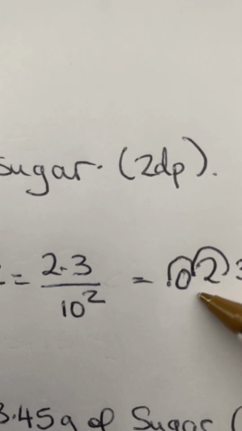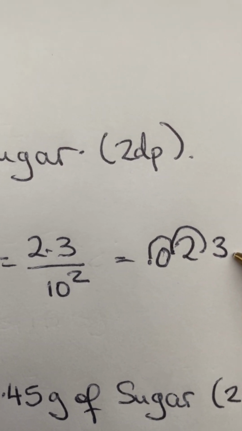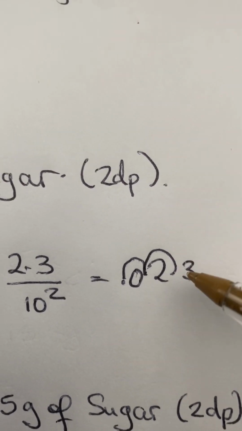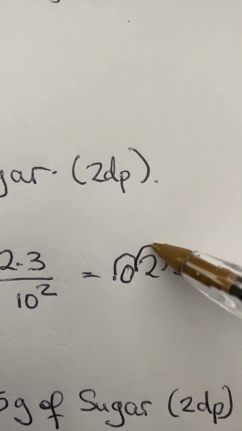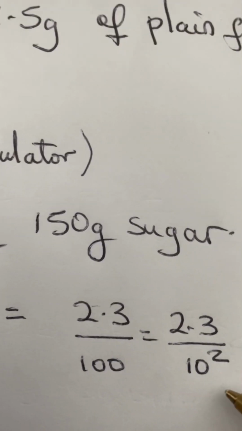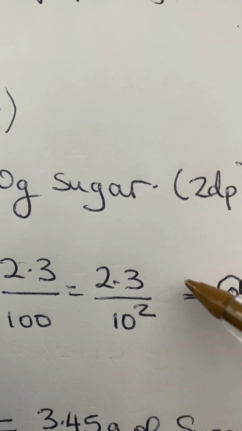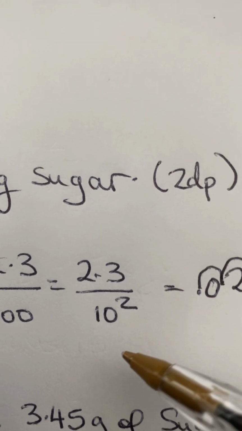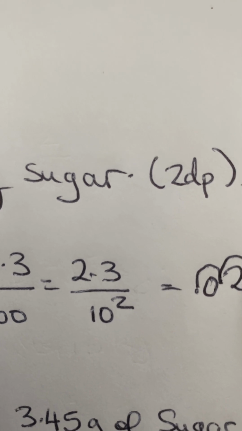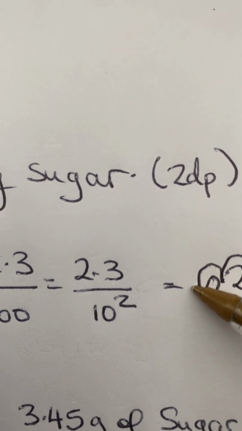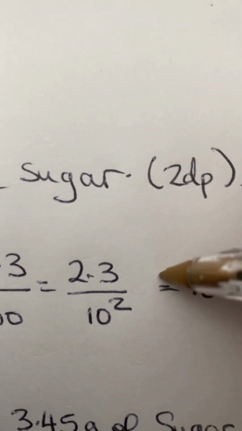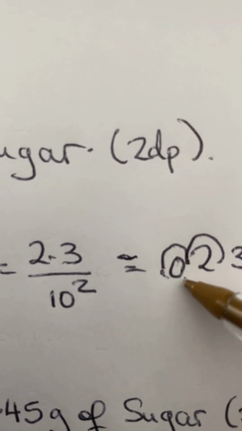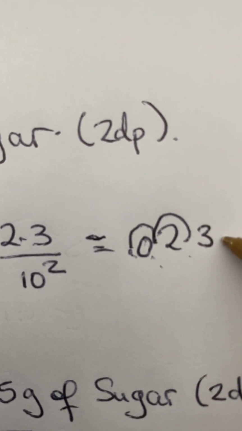So if we write 2.3, now we are going to move our decimal places 2 places, because this is dividing. So if we want to multiply, it will become 10 to the power minus 2. So we have 1, 2. So our answer now will be 0.023.